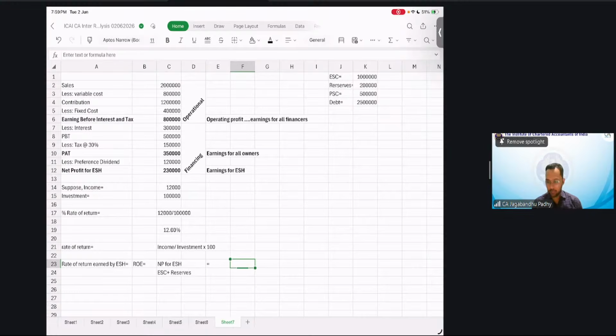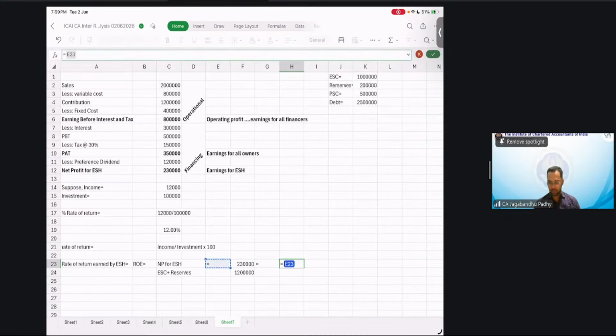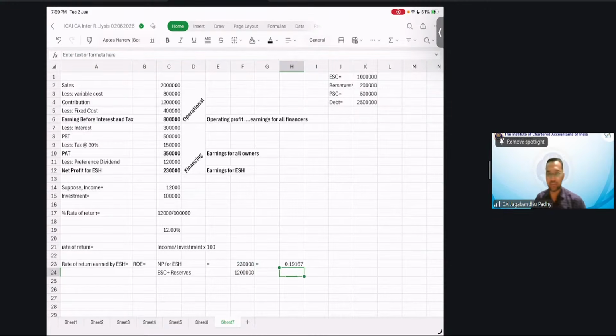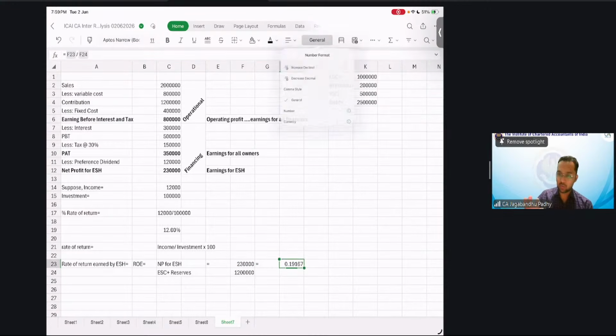We know the net profit for equity shareholders is 2,30,000. And we divide it by equity share capital plus reserves. So this is 2,30,000 divided by 12 lakh, which is 19.17%.